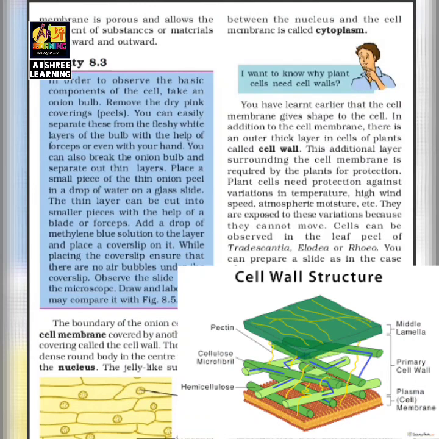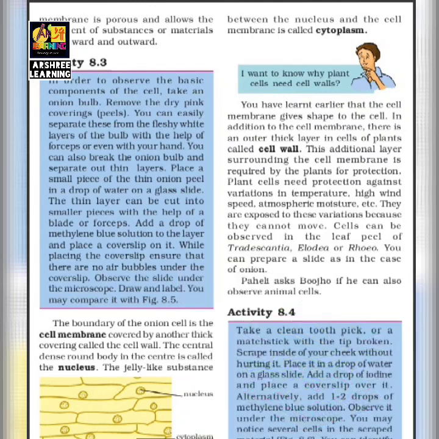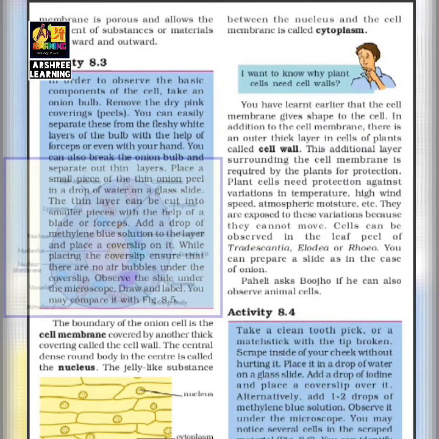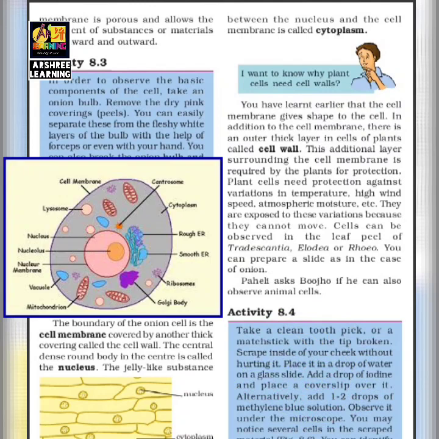We will read about it. Inside the cell membrane there is a central part which is called the nucleus, which is a dense structure, and there is a jelly-like substance present between the nucleus and the cell membrane. So there are three components of a cell. The outermost is called the cell membrane. Inside it there is the cytoplasm, which is a jelly-like substance, and in the middle of the cytoplasm there is a nucleus.